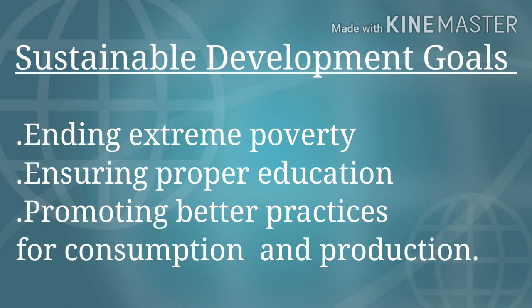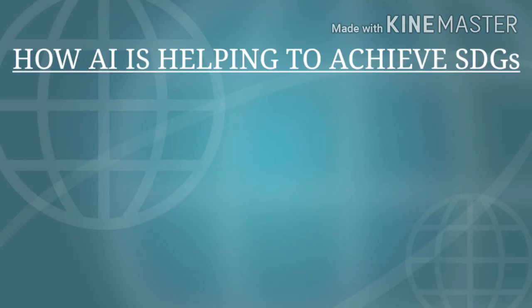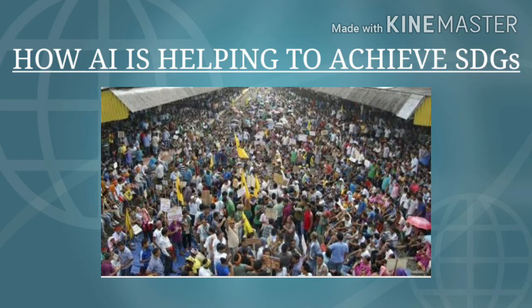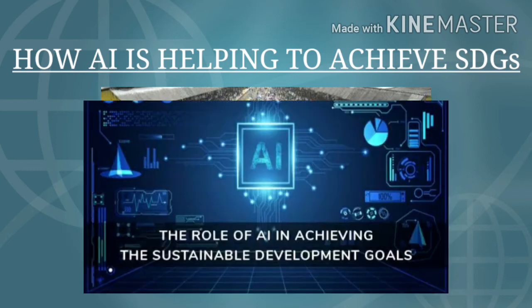Children, let's see how AI is helping to achieve SDGs. By 2050, there will be 9.5 billion people alive, and we don't know how we will provide them clean water, sustainable energy, education and all. So AI can adjust the various factors in a way that maybe can solve these problems.